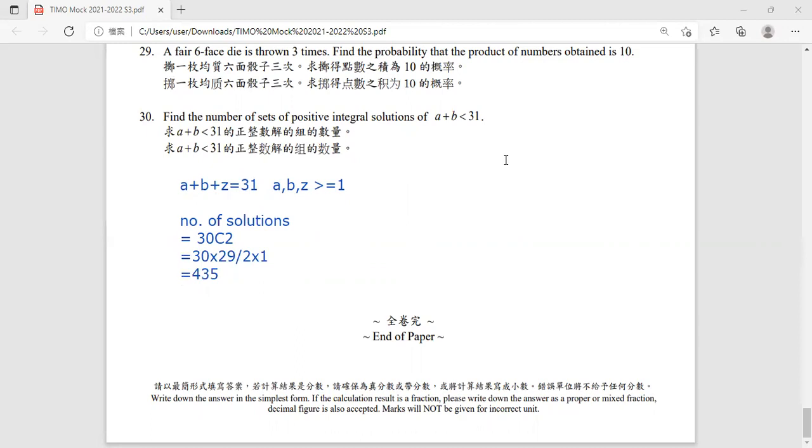Any questions? It's just that simple. Every time you encounter this type of problem, if a plus b is more than something, you put a set on it. There will be one more number here, and then you use the methods I told you before. Then you just do the combination.